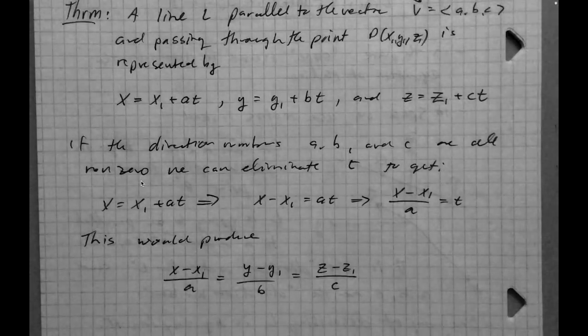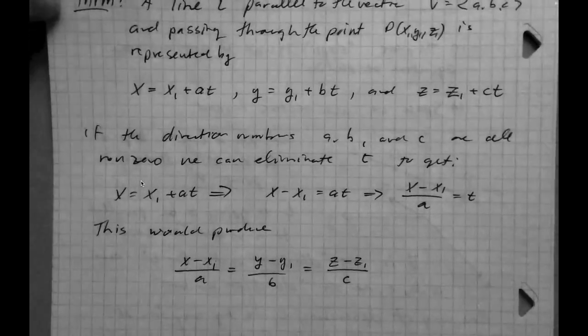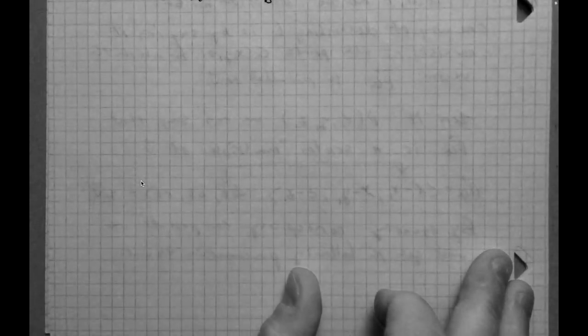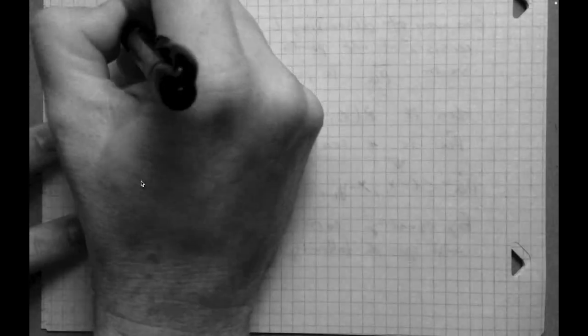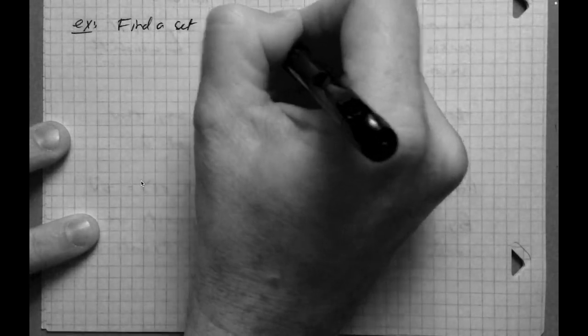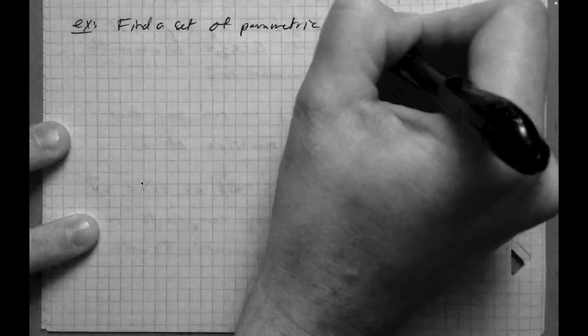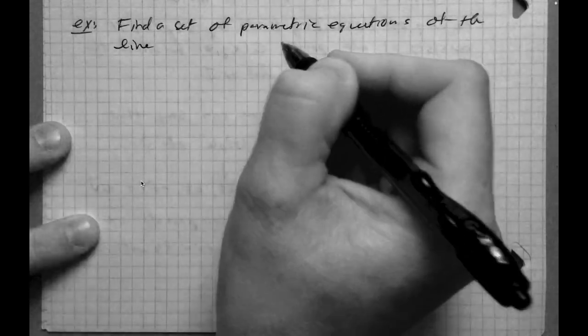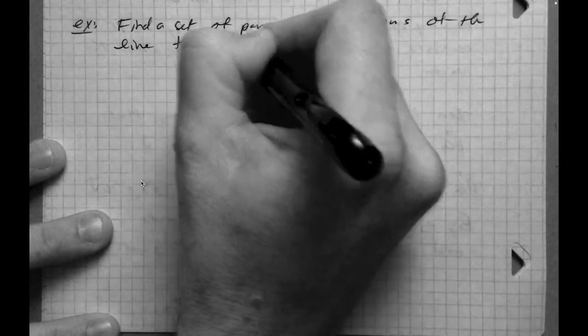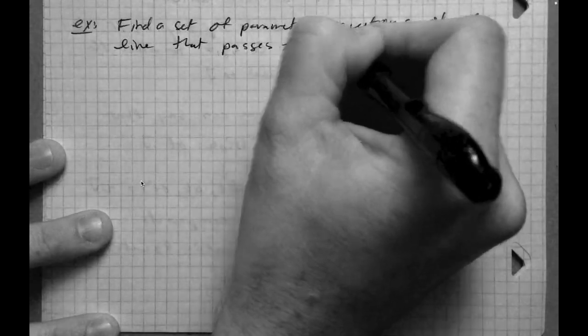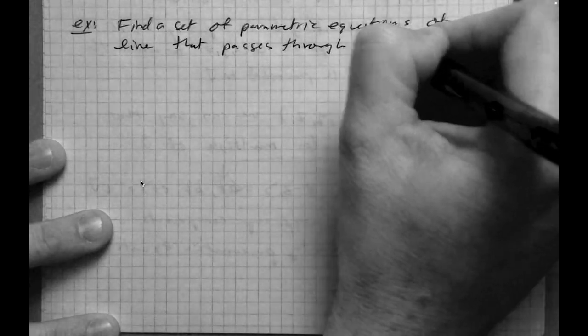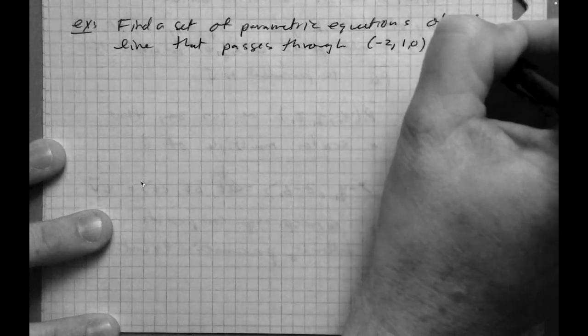All right, very good. Let's do an example of this and see how this can work in practice. We want to find a set of parametric equations of the line that passes through the points -2, 1, 0 and 1, 3, 5.